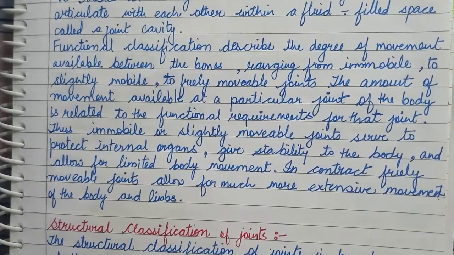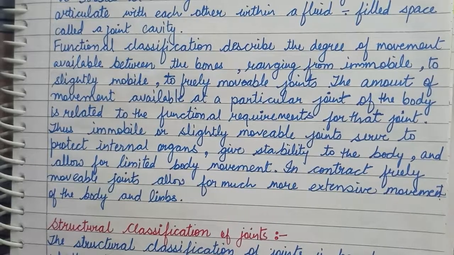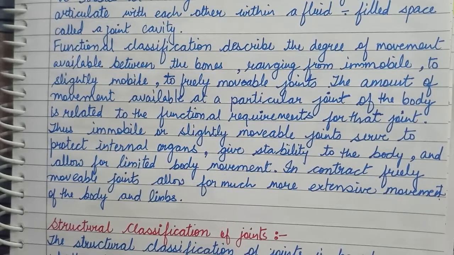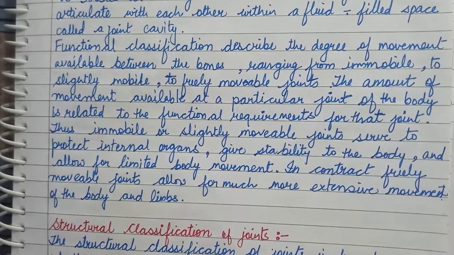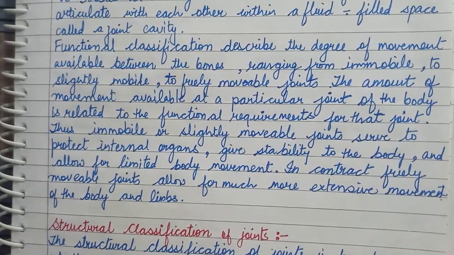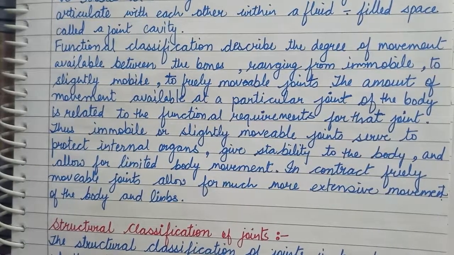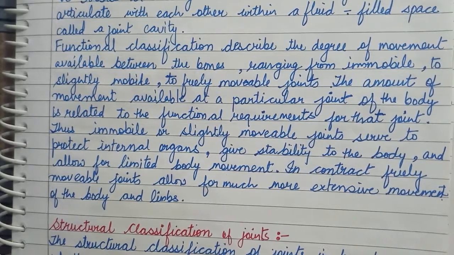called a joint cavity. Functional classification describes the degree of movement available between the bones, ranging from immobile to slightly mobile to freely movable joints. The amount of movement available at a particular joint of the body is related to the functional requirements for that joint.